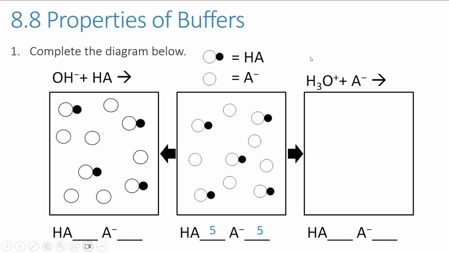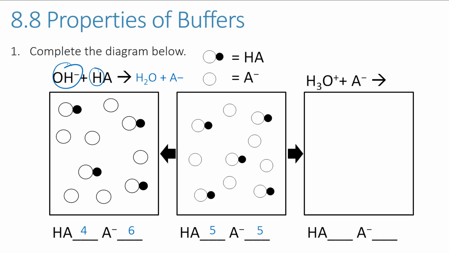Now every time you add a little bit of base to this buffer, notice that if we go in this direction, which is adding a base, we have one less HA and one more A minus. So one of those HAs has been converted into A minus. So for this reaction, we're going to get H2O.